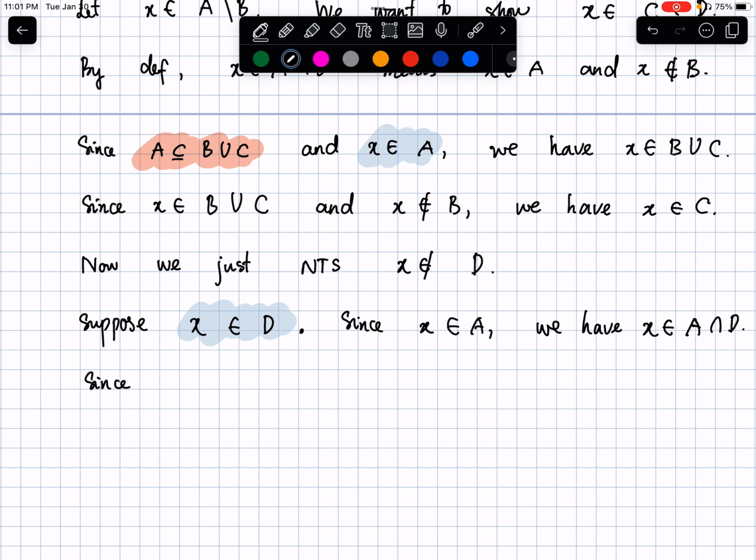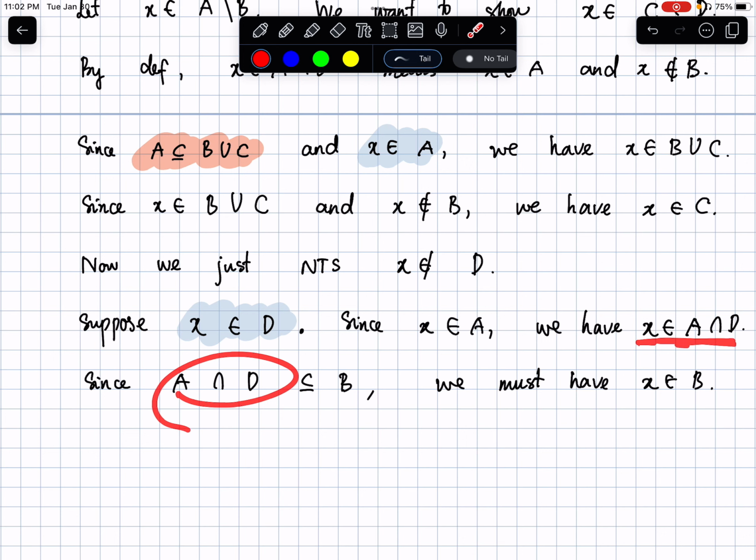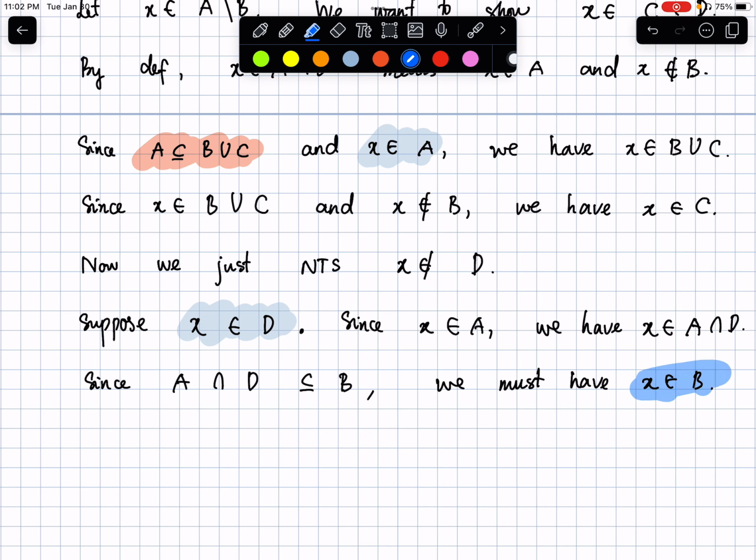Since A intersect D is a subset of B, we must have x is an element of B. Does that make sense? x in here, A intersect D, but this set is a subset of B, therefore x must be in B. So let me highlight this. We have too many colors here. x is in B. But we know that x is not in B. This is where it's wrong.